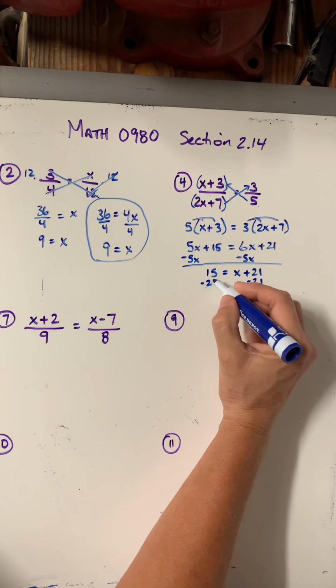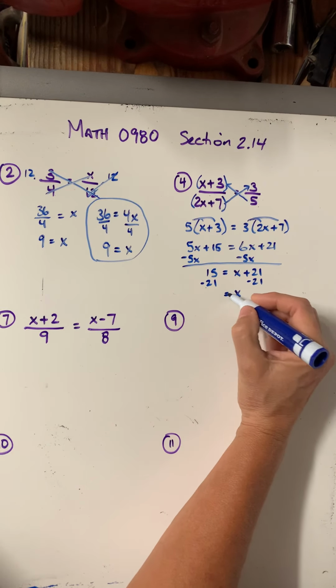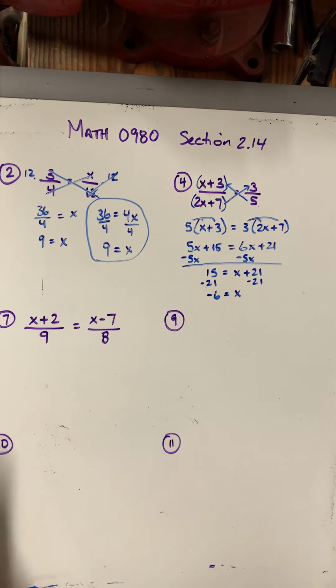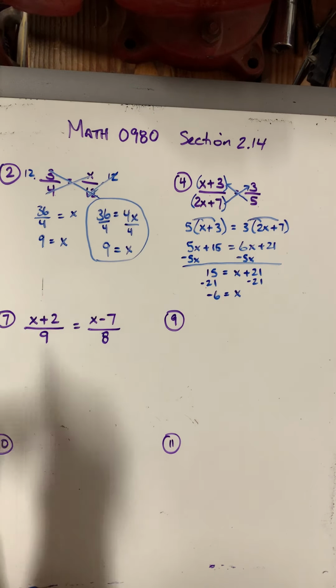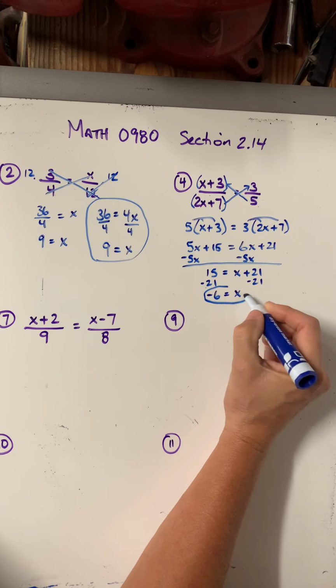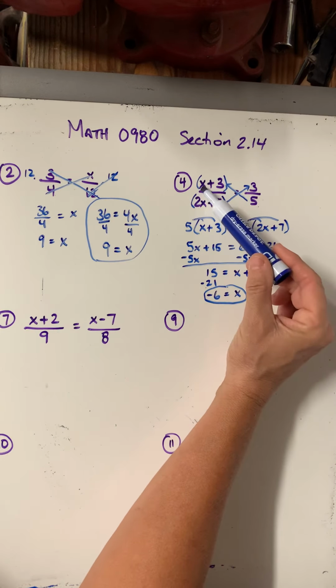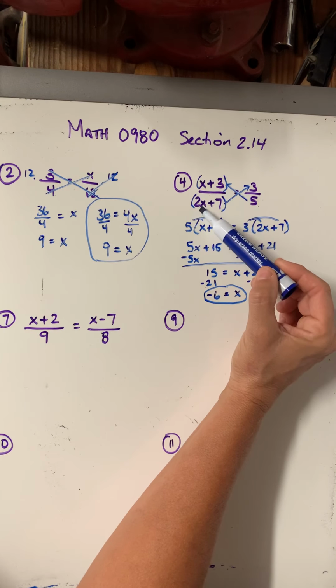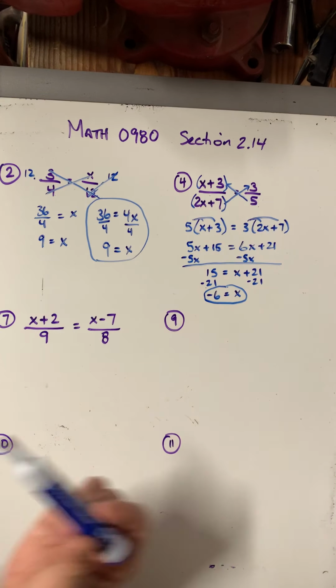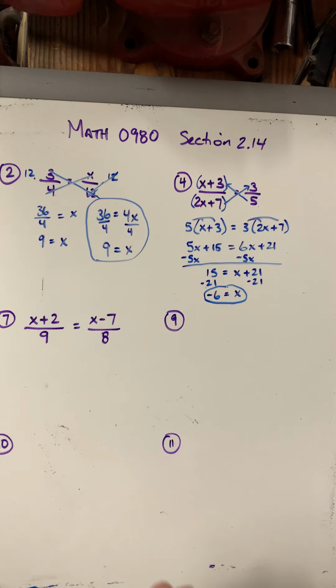Subtract 21, and I get x equals -6. And that's the answer for that one. And you can go back and check your work by replacing x with -6 here and -6 there, and making sure that those two really are equal.